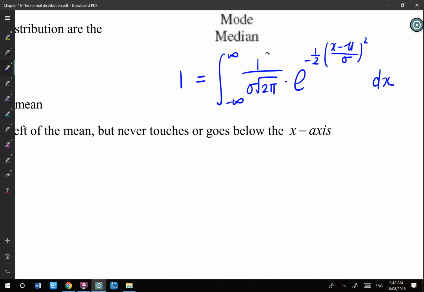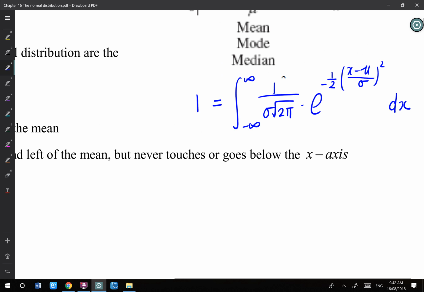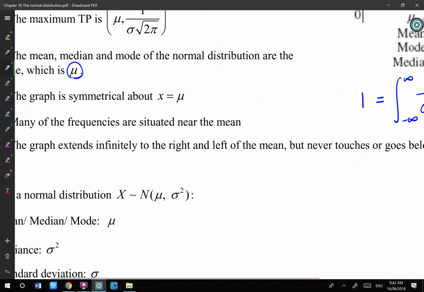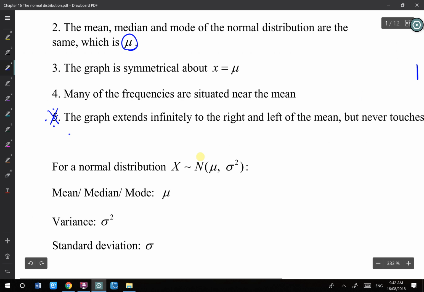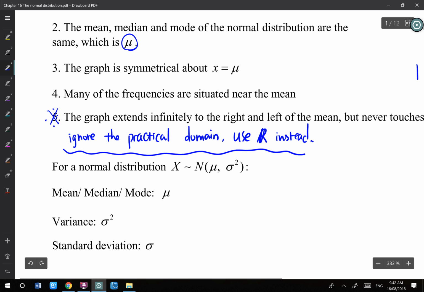So we must have domain R. In other words, we ignore the practical domain and use R instead. This is very, very important.